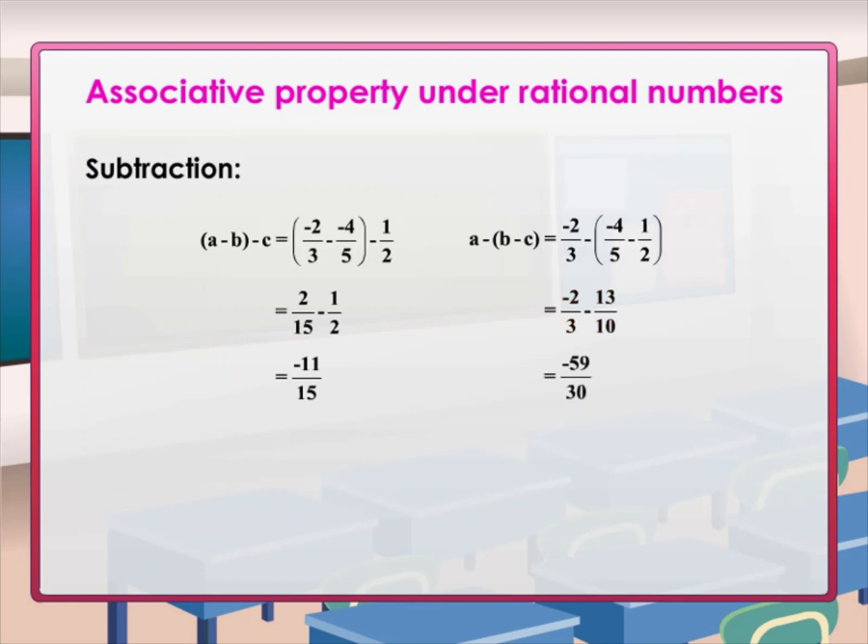When we simplify this further, we get -59 by 30. In the first case, we got the answer -11 by 15. In the second case, we got the answer -59 by 30. From this, we can say that these two are not equal to each other, and therefore we conclude that a minus b minus c is not equal to a minus of b minus c.